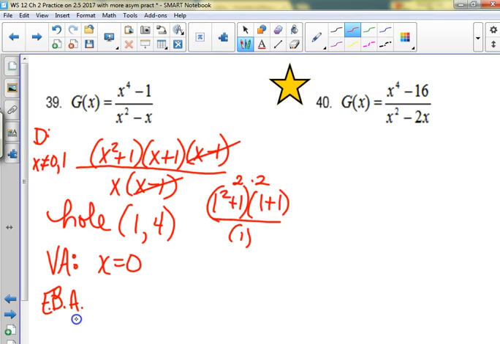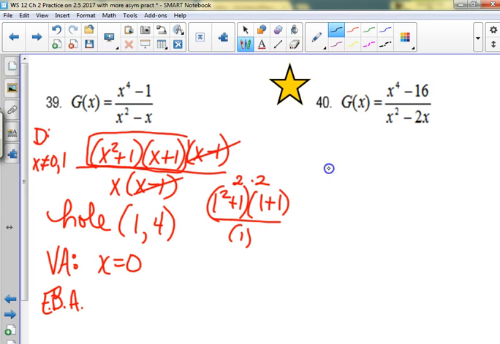Okay, and the end behavior asymptote? Yeah, we have two choices. We can go back here and do long division, or we could divide here, but what do we have to do to the top before we can divide? Yeah, we'd have to put that back together. Well, actually, we won't even need to do synthetic.